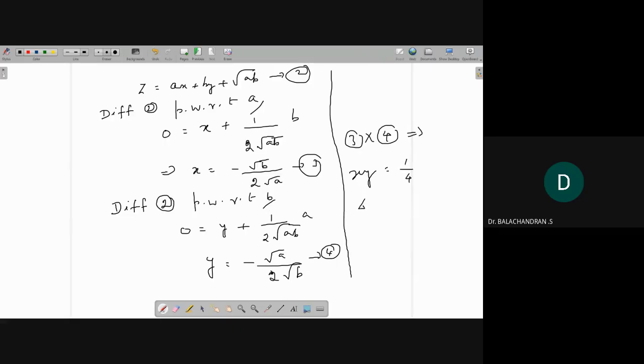So you get 4xy equal to 1. So this is the singular solution of equation 1. This is enough for this problem. So we got a complete solution and a singular solution.